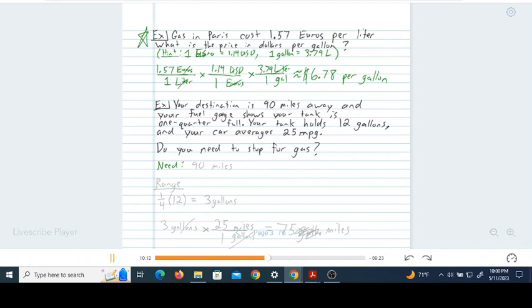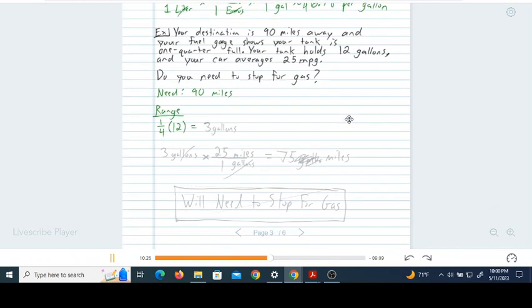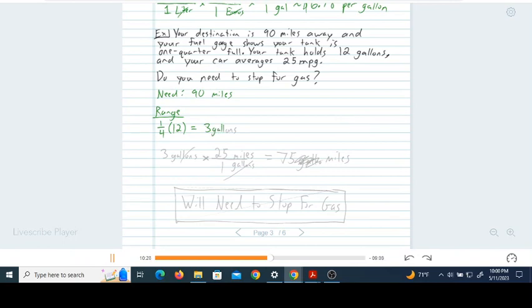So we need to go 90 miles. So what we're going to do now is figure out our range, how far we can go with the gas we have. So if we have 1/4 of a tank, well, that's 1/4 of 12 gallons, which is 3. So we have 3 gallons of gas. Alright, we can convert those 3 gallons of gas into distance traveled by applying our fuel efficiency.